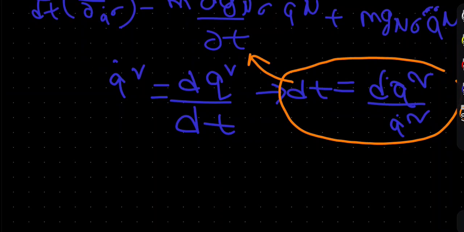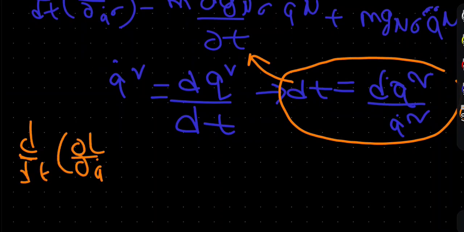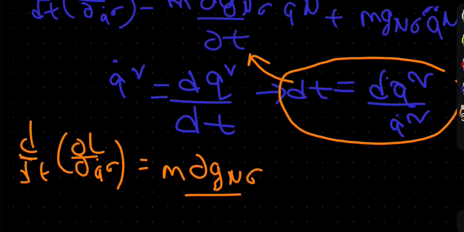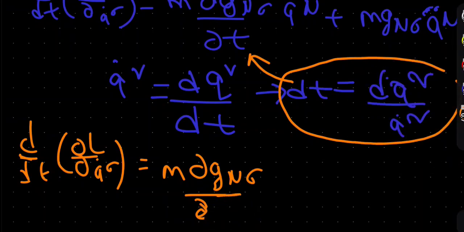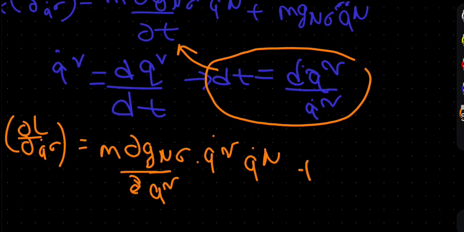We can denote it as d by dt of del L by del q dot sigma, and it is equal to m del g mu sigma divided by del q nu, multiplied by q dot mu q dot nu, plus m g mu sigma q double dot mu.